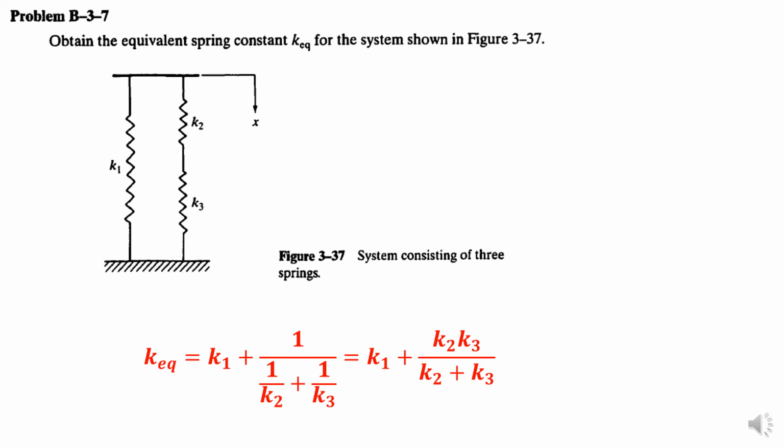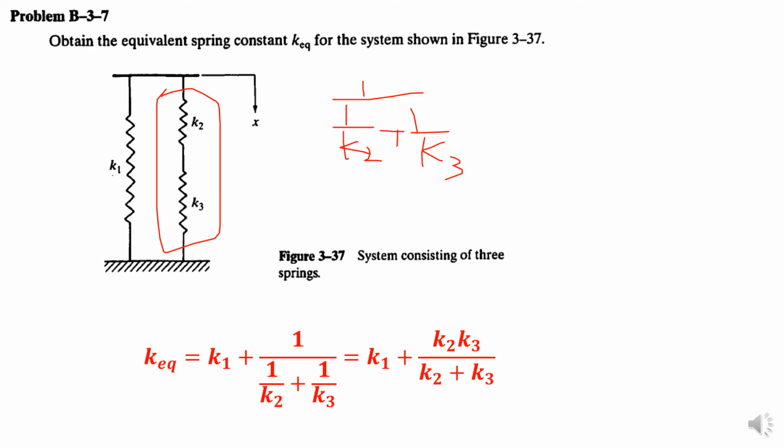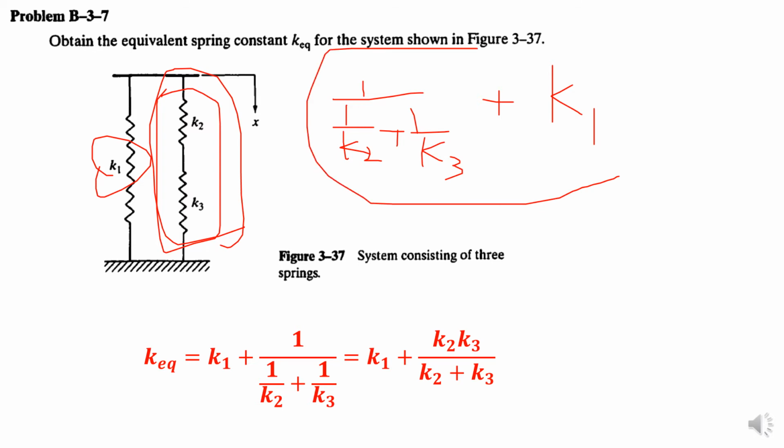So if we have a system like this one, how do we calculate the equivalent stiffness? According to this part, I will first calculate this part. This part will be 1 over K2 plus 1 over K3. And this whole part should be a direct summation, so it should be plus K1. So this will be the K equivalent. After certain simplification, you can get the solution.